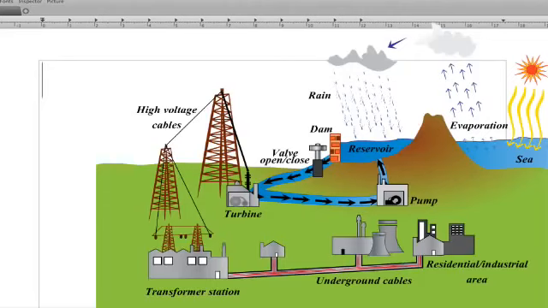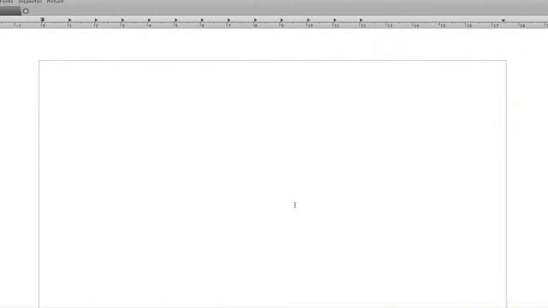Now if we look at the diagram, through high voltage cables, this electricity is moved to a transformer station, and I imagine that the transformer station would convert the electricity into a form that's usable by, well, we can see it gets transferred to residential and industrial areas. So we have this raw electrical energy, and the transformer is just changing that into a form that can be used or can be consumed safely.